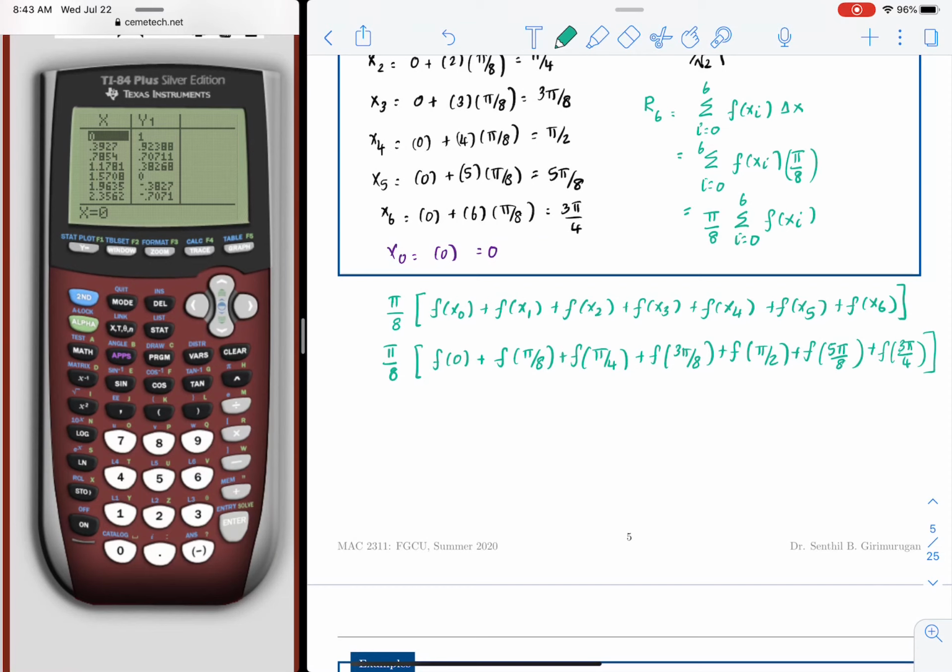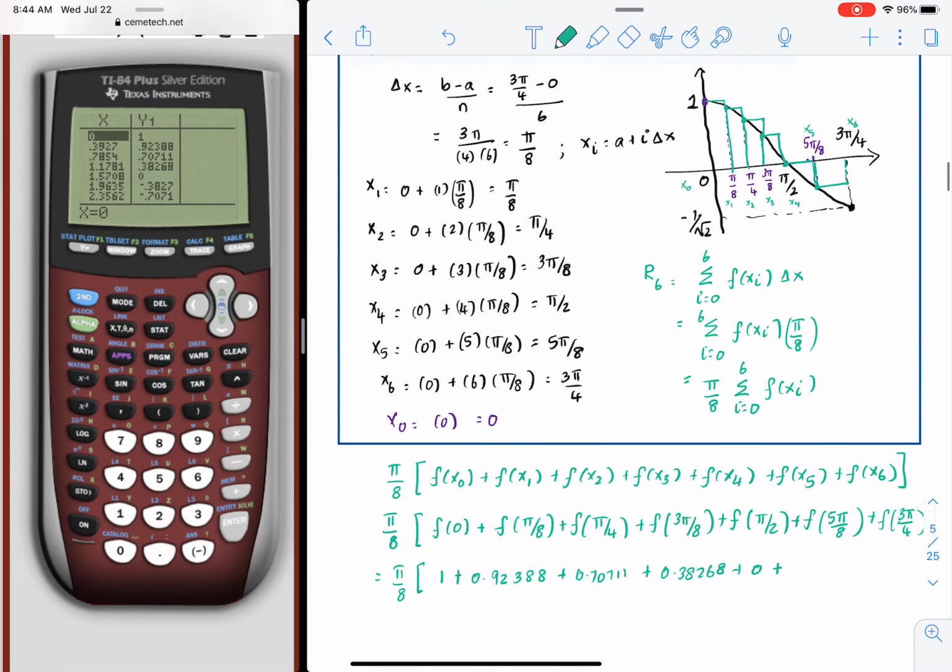So at 0, we have 1. Pi over 8 is the next number, so we have 0.92388. Pi over 4 is the next number, which is 0.70711. 3 pi over 8 is the next number, 0.38268. We know that f of pi over 2, cosine pi over 2 is 0, so we have 0.